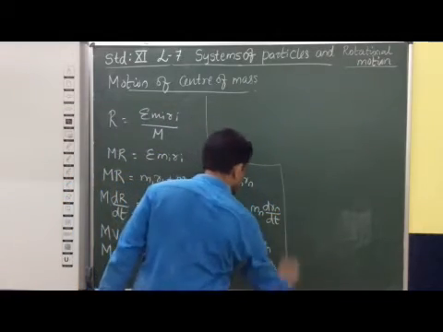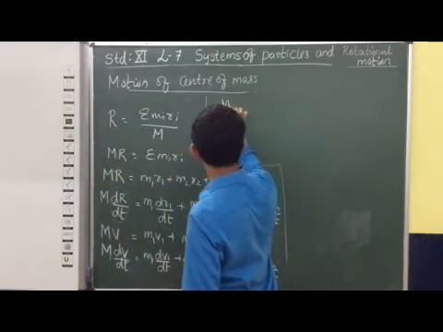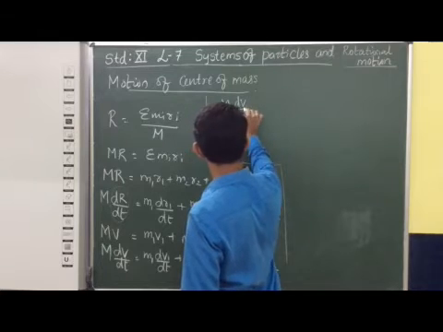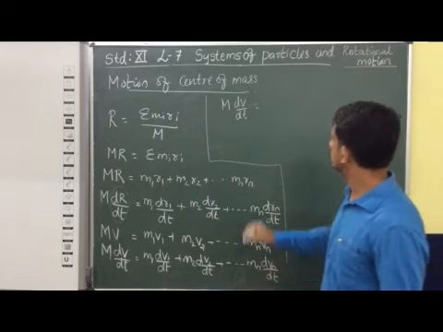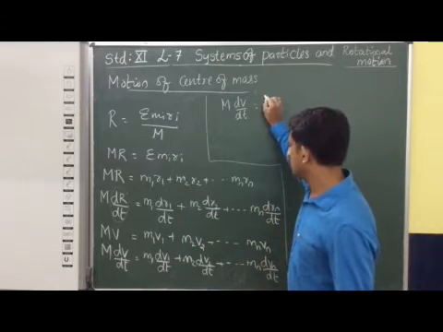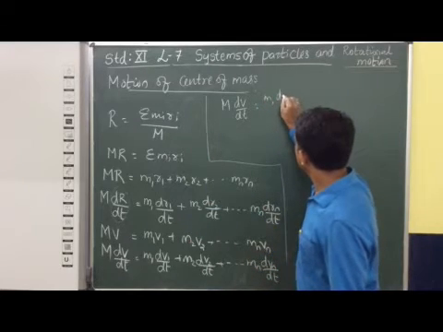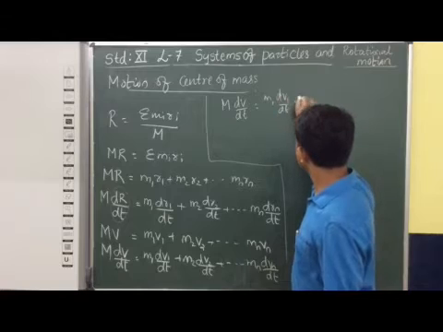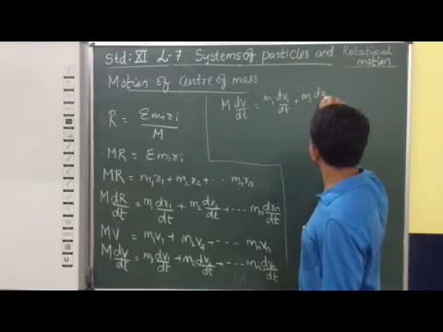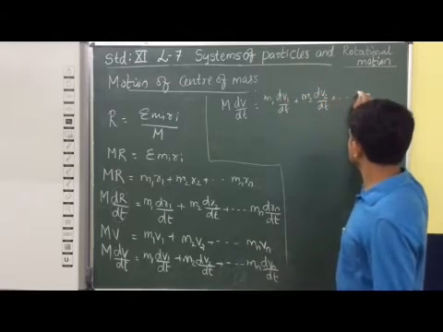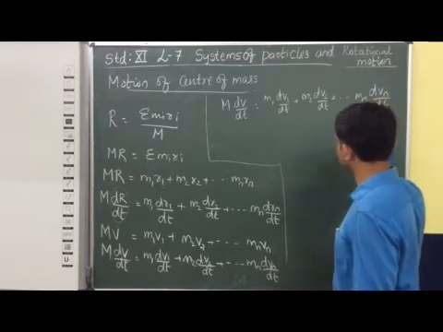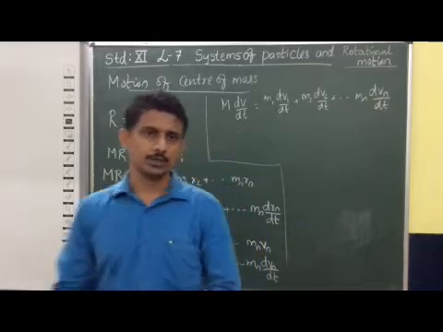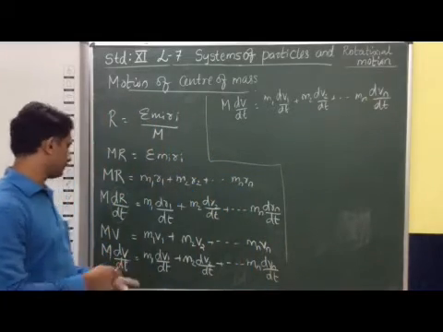I will write it once again: M into dV by dt is equal to m1 into dv1 by dt plus m2 into dv2 by dt plus etc., up to mn into dvn by dt. This is how we write the equation when we differentiate with respect to time.